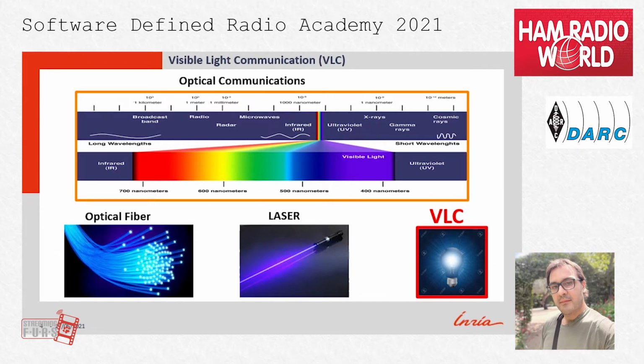For example, in optical fibers, light rays are driven in some structures, while in lasers a powerful and narrow beam is produced for allowing the communication. In the visible light paradigm, instead, we use normal LED lamps, not only for lighting, but also for transferring data. In this way, we could dramatically decrease the cost of the communication in terms of devices and in terms of energy.